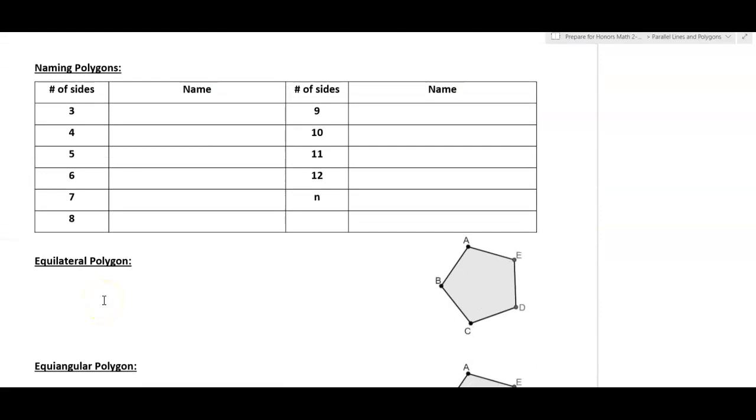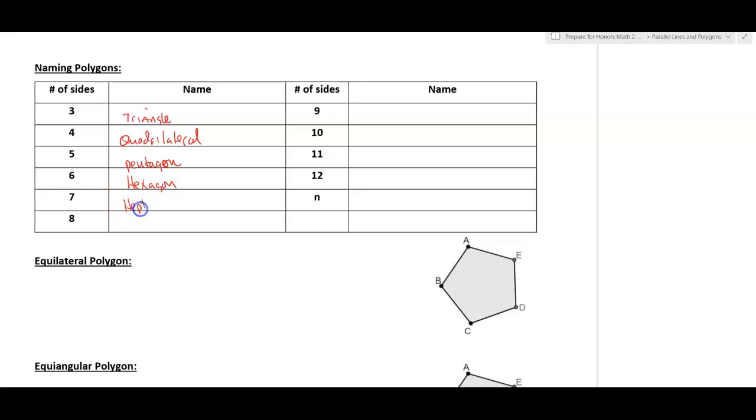Now, generally, we name polygons by the number of sides. You guys probably know most of these, and we're only going to go through the common ones. A three-sided polygon, you should know, is a triangle. A four-sided polygon is a quadrilateral. Five sides would be a pentagon. Six-sided would be a hexagon.